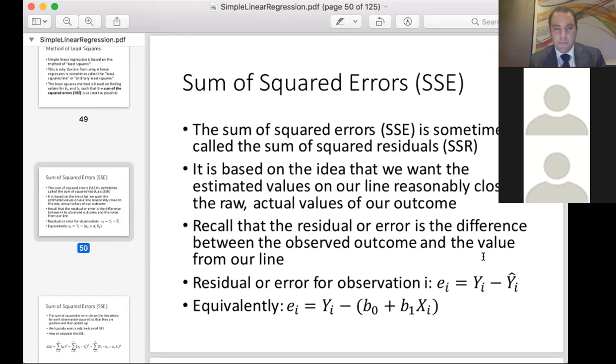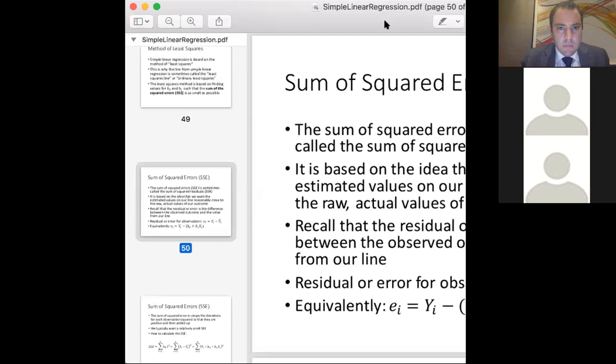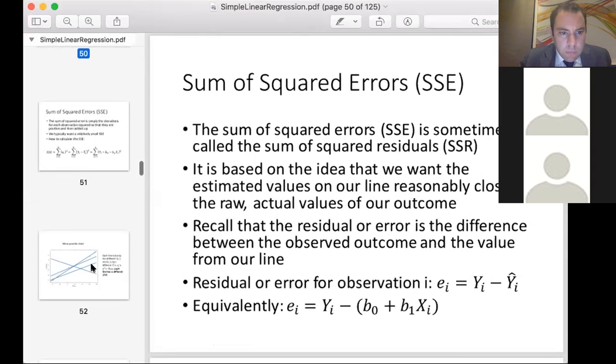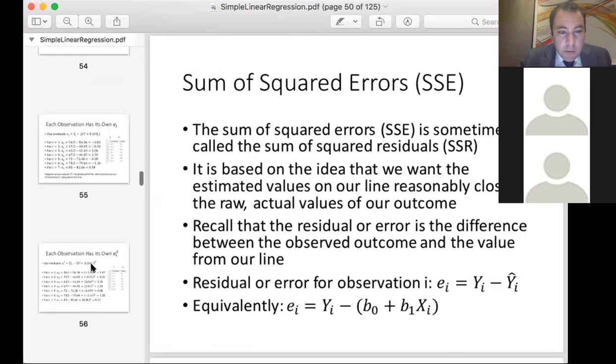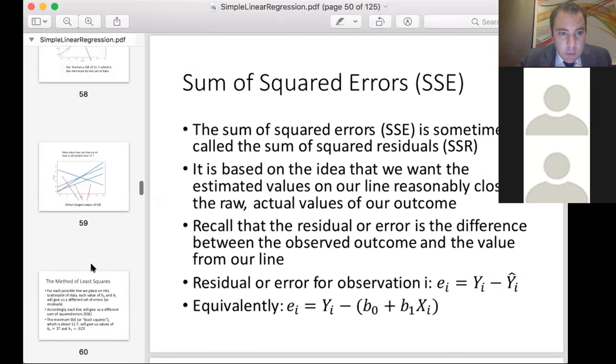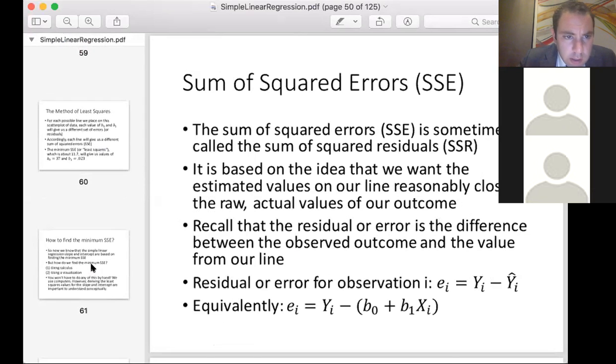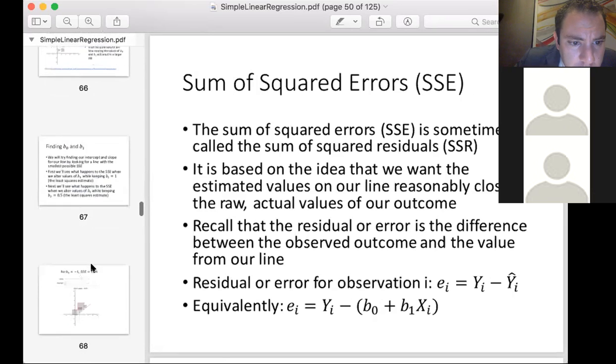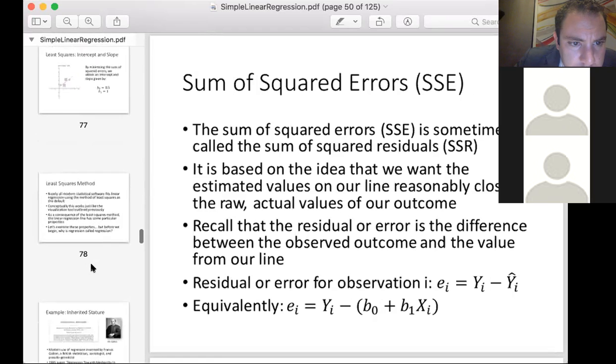So probably that question should be worded, why would you want to square them in order to calculate the sum, not in order to calculate the average? There's also another term, MSE, which is the mean squared errors. Let me just see, maybe that's what it's referring to. That comes up in the slide.